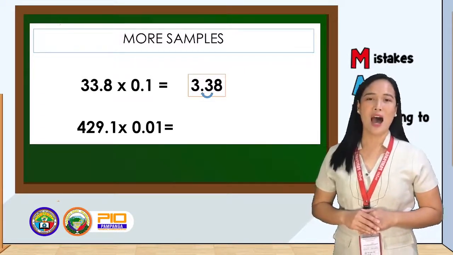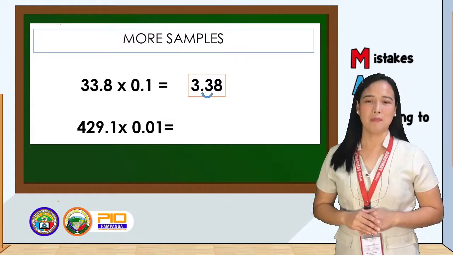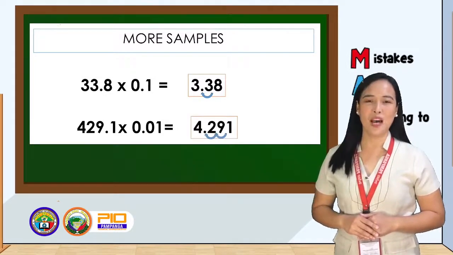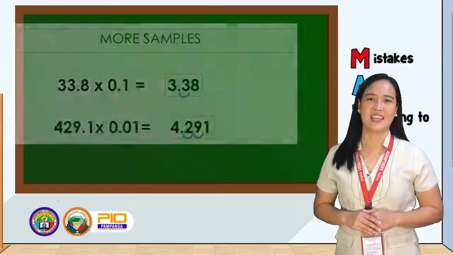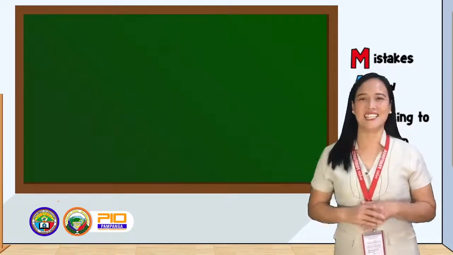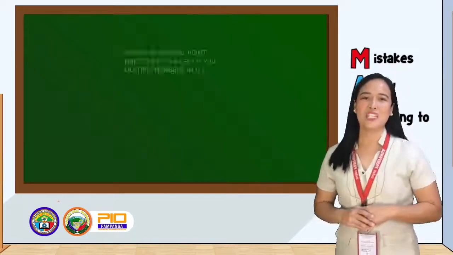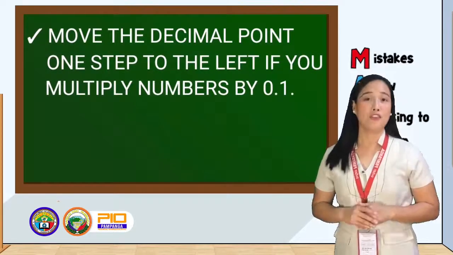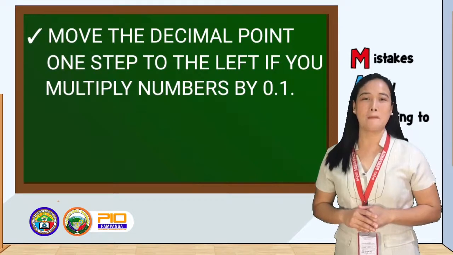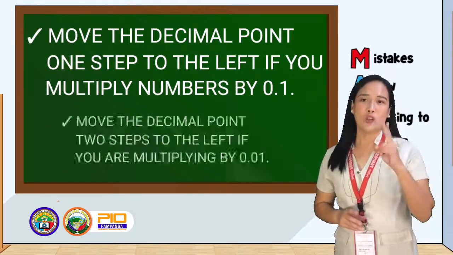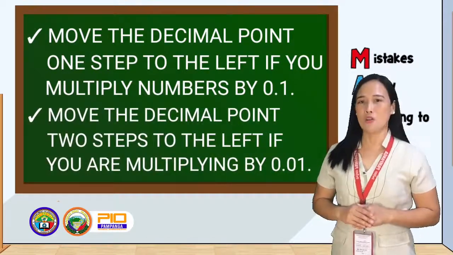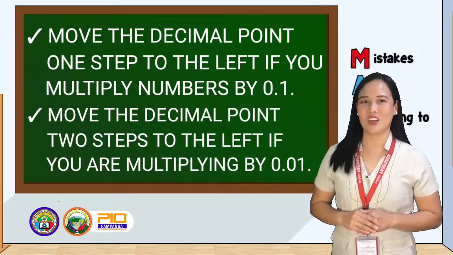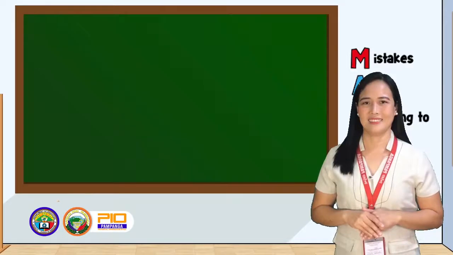And so, our answer would be 4 and 291 thousandths. Amazing, kids! All you have to do is to move the decimal point one step to the left if you multiply numbers by tenths, and 2 steps to the left also if you multiply numbers by hundredths.